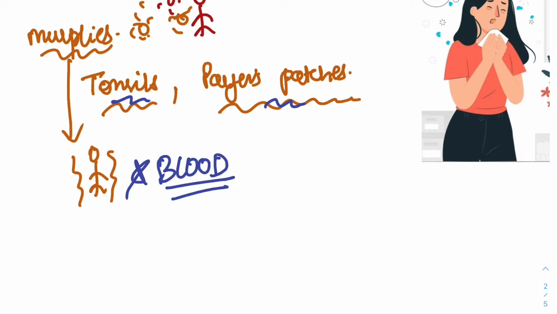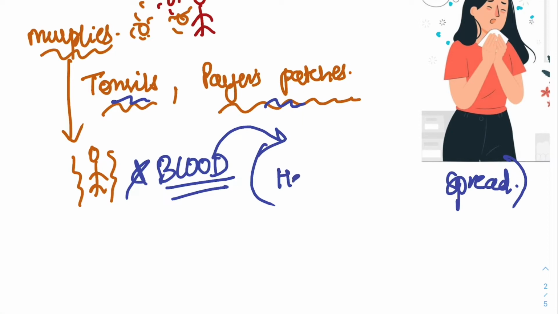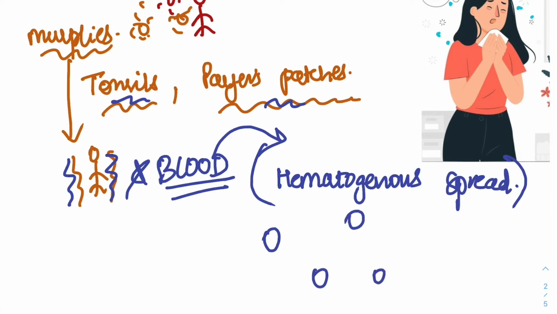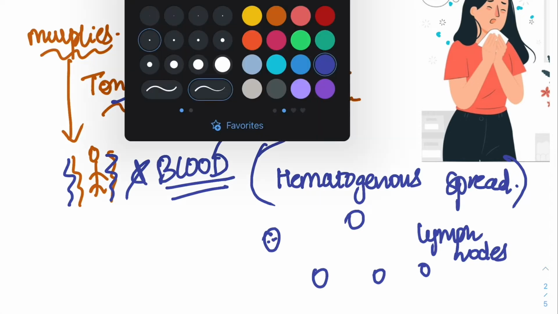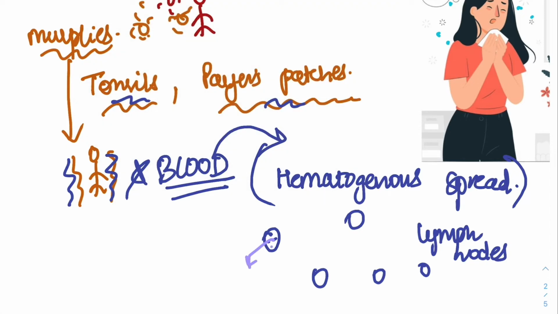This spread via the blood is called hematogenous spread. So it spreads all over the body. It also enters the lymph nodes, multiplies there, and once it has multiplied, it releases the viruses into the blood.